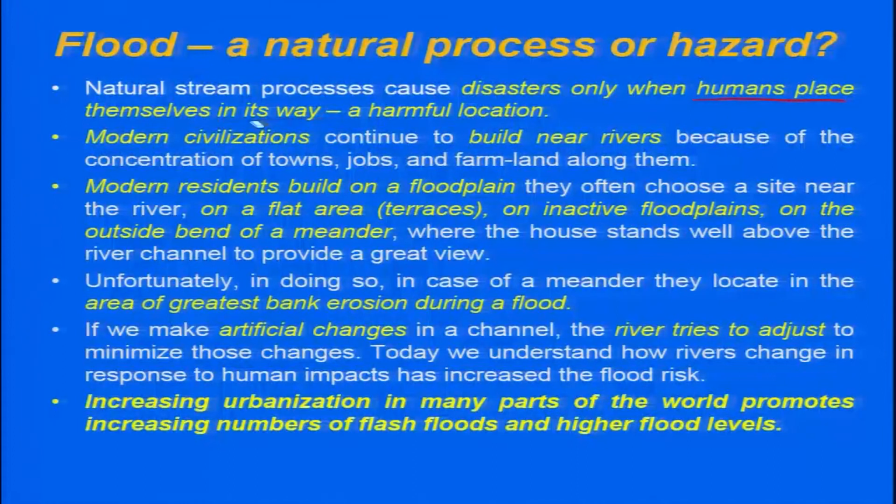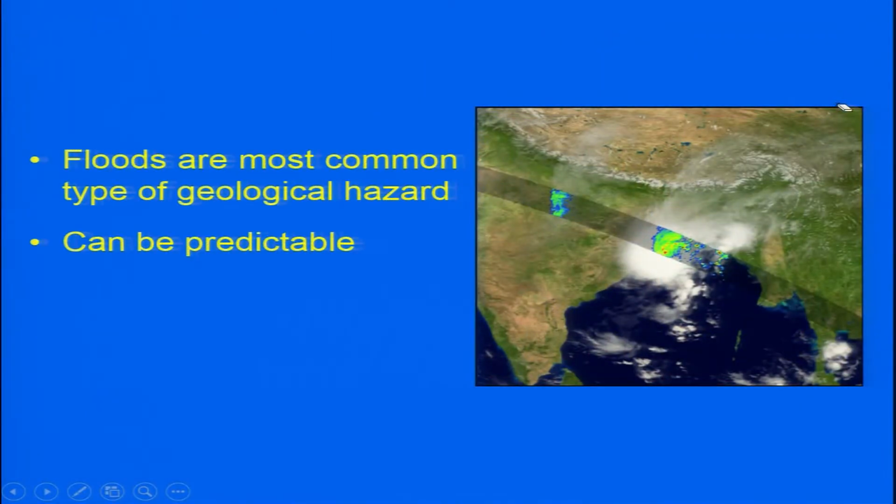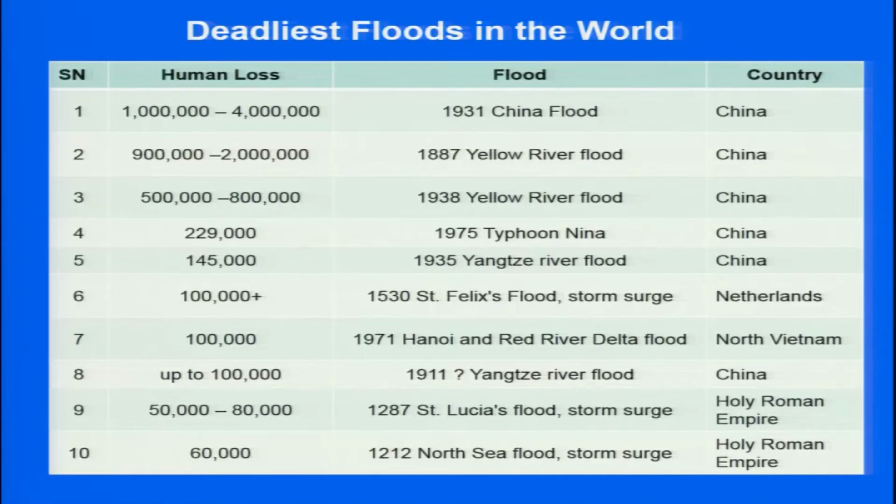So this can also play an important role. This is mostly a seasonal phenomenon or hazard, and since it is seasonal, the data which we have is a large amount, and this can be predicted.